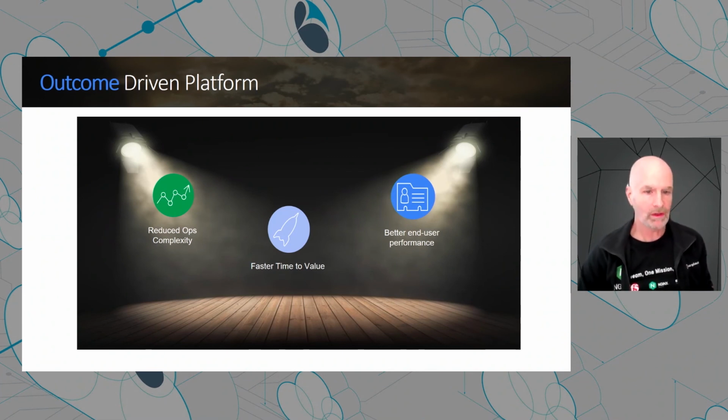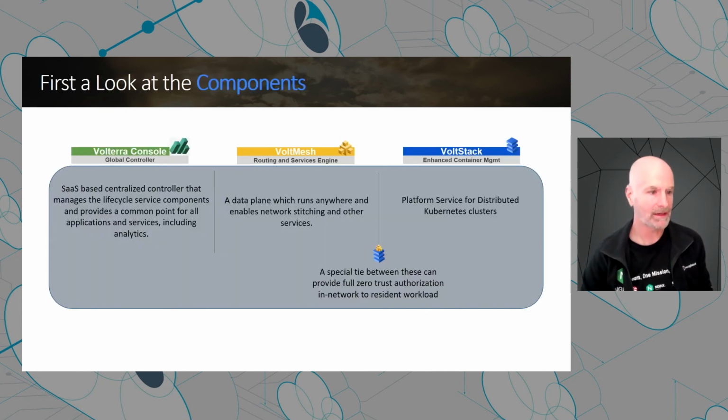Really what we're talking about with Volterra is that it's an outcome-driven platform. It is putting the focus back on the outcomes that you're trying to achieve: reducing complexity, faster time to value, better end user performance. And it's really made up of three components.